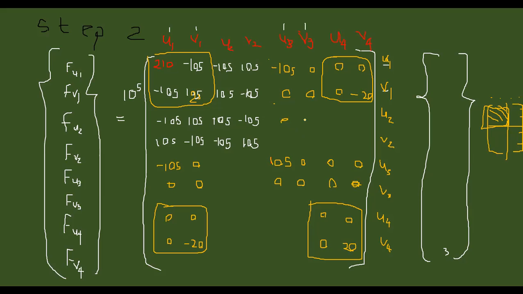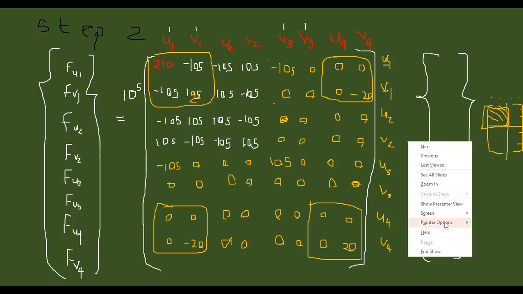If you don't have anything for the remaining elements, put 0 in each one because there is no contribution. You can't keep it empty. Place 0. So this is the global stiffness matrix of the entire truss.